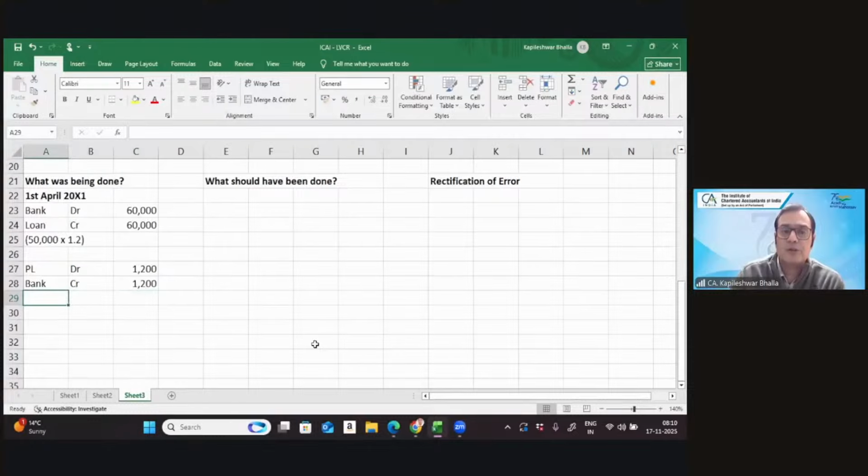This is also to show the working: they took 1 million, that's 1,000, into the exchange rate 1.2. So this was debited to the P&L. So on 1st April, the company did the entry recording the financial liability at the exchange rate and also recording the issue cost in the P&L.